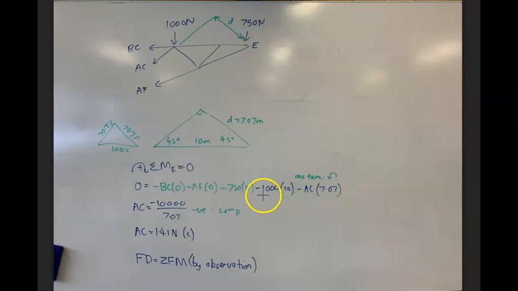Now, when I look at these values, is the 1,000 going clockwise or anti-clockwise around point E? Anti-clockwise, thank you. What about AC? Also anti-clockwise.